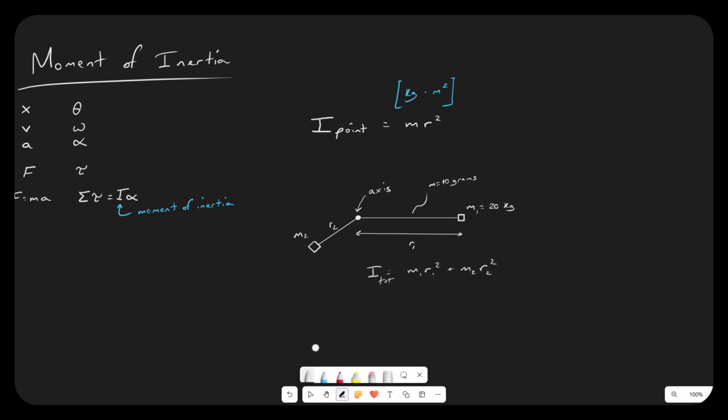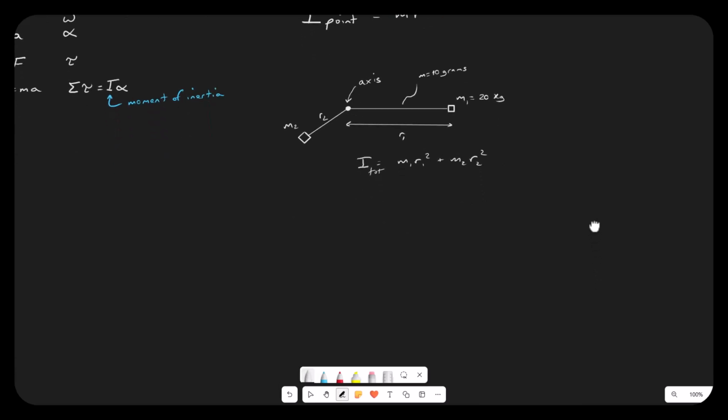Now you might think to yourself, yeah, that's great, but how often are we going to get single point masses to figure out moment of inertia? Isn't it likely we're going to have actual shapes too? And the answer is yes.